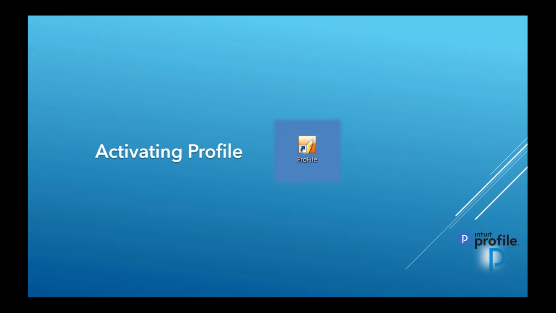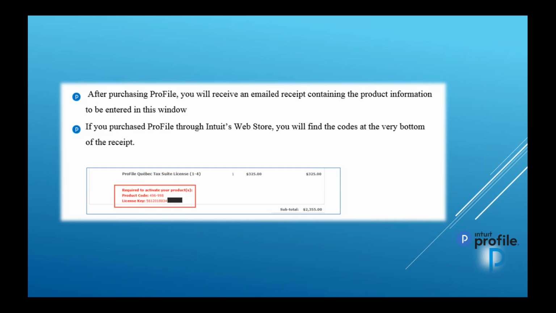So activating Profile. When you're activating Profile, you need a product code and license key. When you purchase Profile from either the web store or from a sales agent, you will get an email with a product code and license key. The product code will be a 6-digit code and the license key will be a 15-digit code.